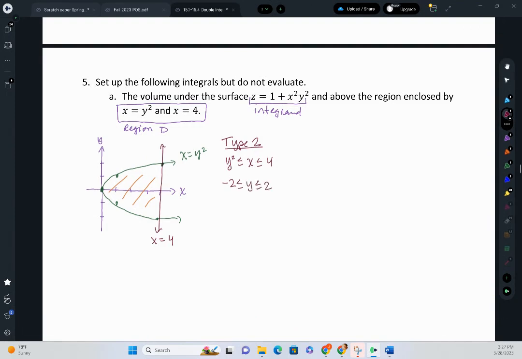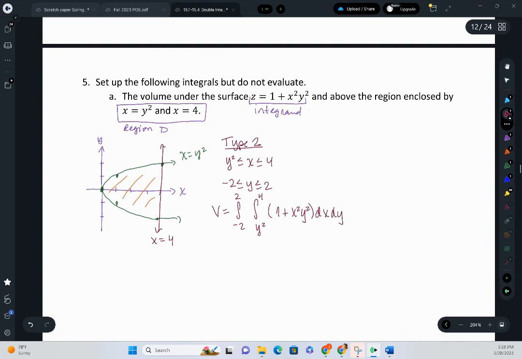So if we want to calculate the volume, we can use these bounds. We have volume is equal to the integral from -2 to 2, the integral from y squared to 4 of the integrand, which is 1 plus x squared y squared, and then we're looking at dx dy when we solve this.